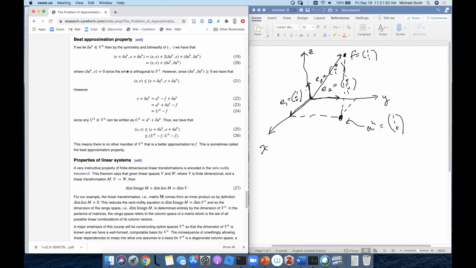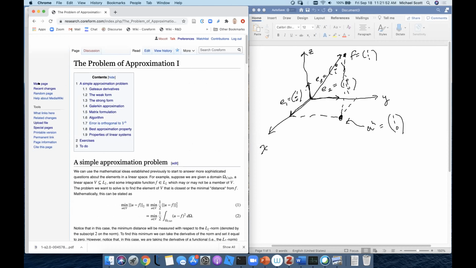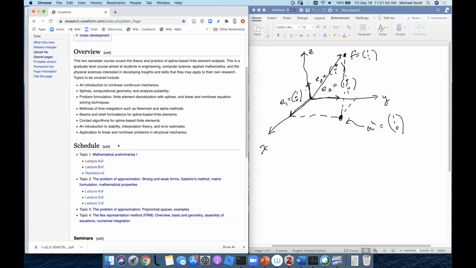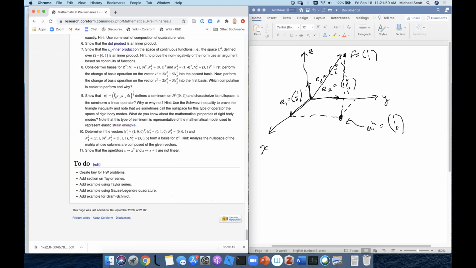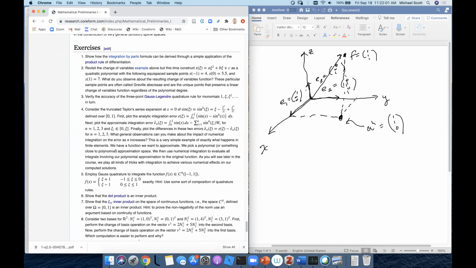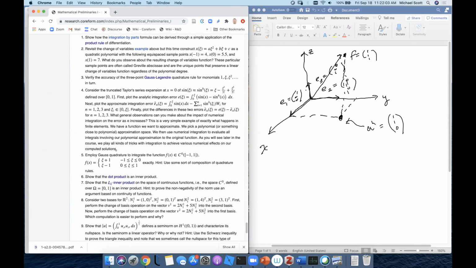Let me look at number 4. Give me a minute to catch up here. That problem was adjusted a little bit, so I'm not sure if you went back and saw it. I did it before it was adjusted, and I did it again since. So just plotting the analytic integration area.